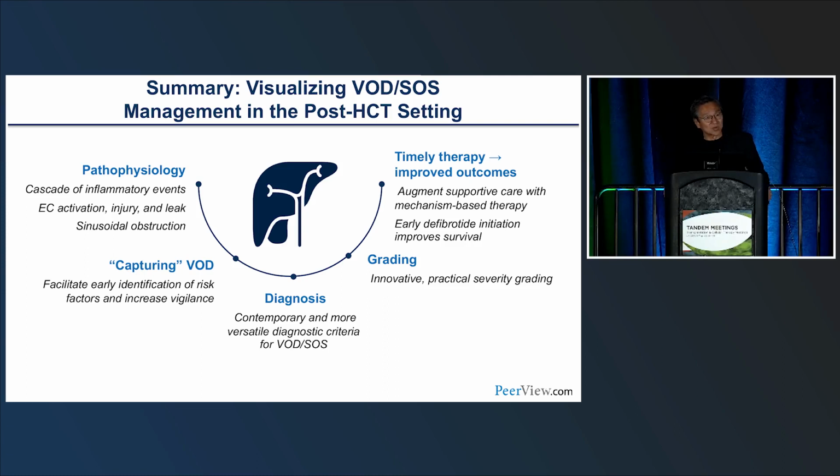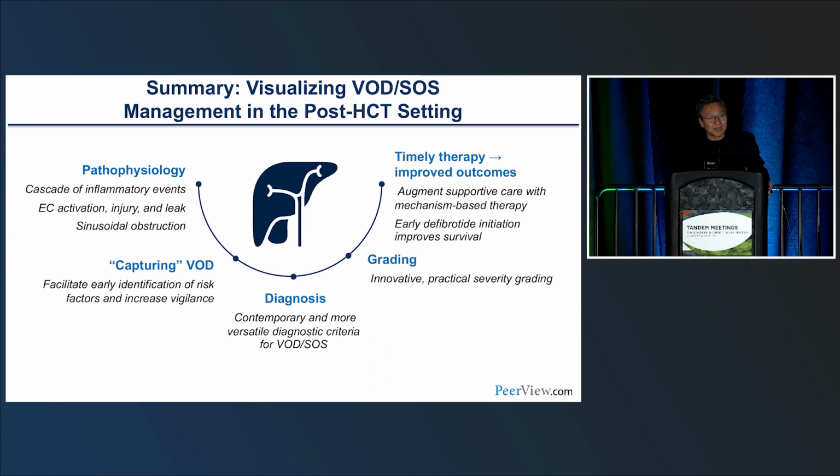And so the earlier you can make this diagnosis, and if you think about what Christy mentioned earlier about the factors which make us think about the diagnosis, you don't have to wait till the bilirubin is elevated. And so I think increased vigilance and thinking about these factors is really important, leading to the early diagnosis of this.